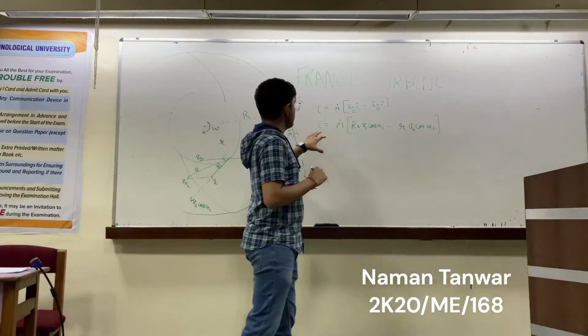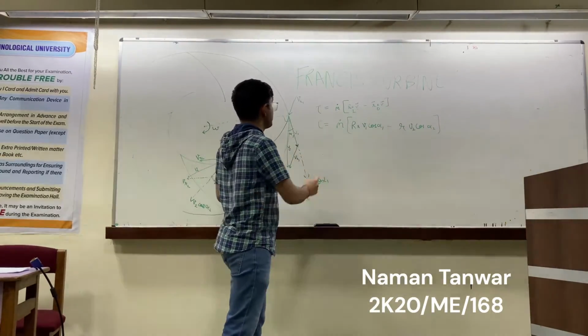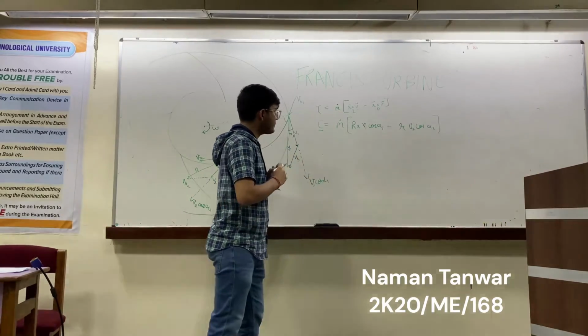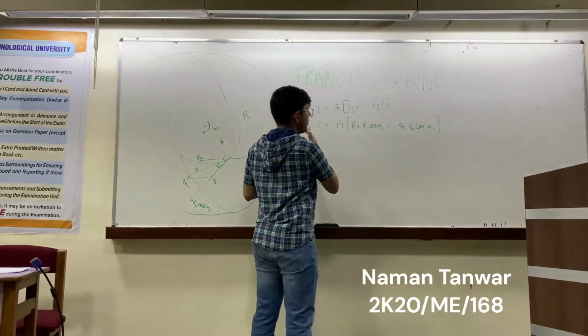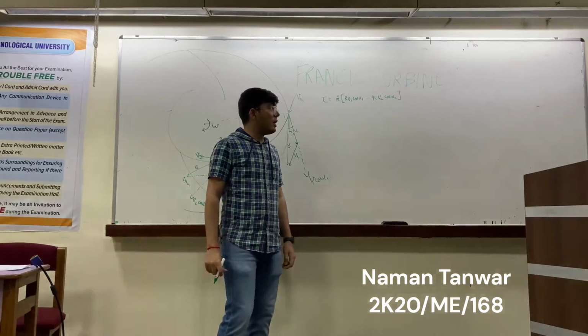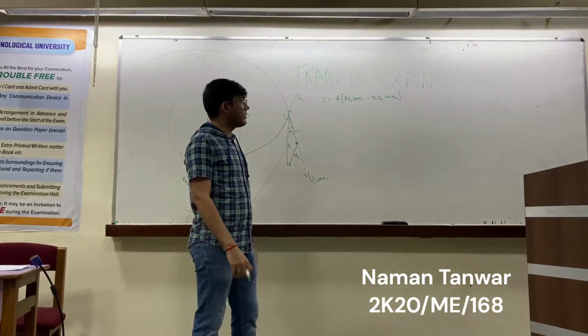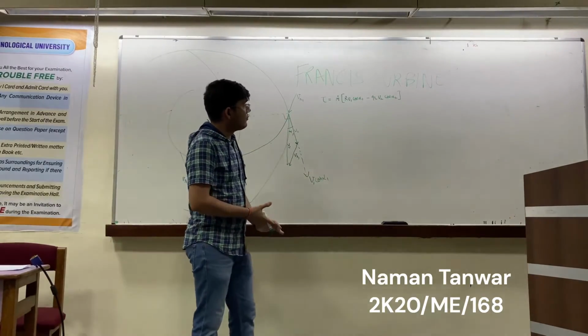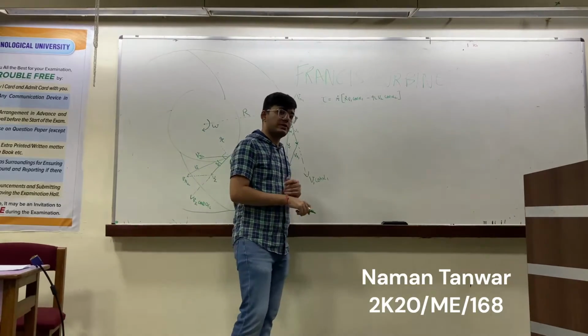This is the expression for torque we are getting. This will be the torque generated by the turbine. Now we have found the expression for torque, and through this we will be calculating the expression for power.